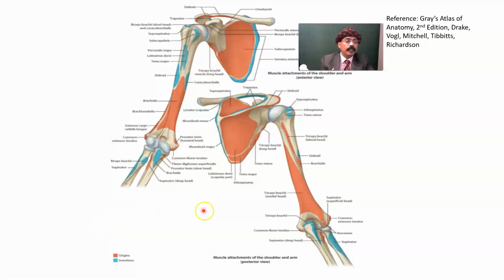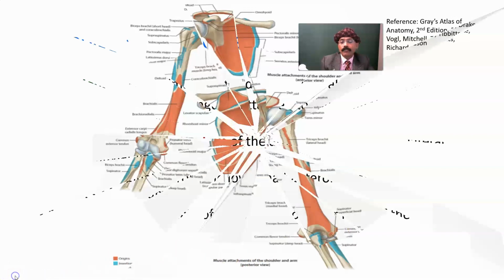Okay, we got that. And here is the origin of the anconeus. This is the origin of the common extensor tendon. This is the origin, the medial epicondyle, common flexor tendon, especially the superficial muscles. Superficial common flexor, superficial flexor, and superficial extensor here. Okay, lateral epicondyle for the extensor.